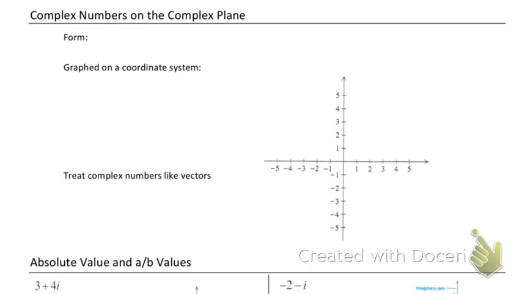Complex numbers come in this form, a plus b times i, where a is called our real component, our real portion, and b is our imaginary.